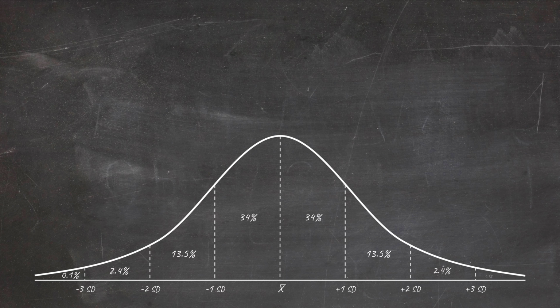Only 0.1% of observations are more than 3 standard deviations below the mean, but 34% of all observations will fall between the mean and 1 standard deviation below, and 34% more, 1 standard deviation above, which gives us our empirical rule: if you have a nice symmetric distribution that's bell-shaped like this, then 68% of observations fall within 1 standard deviation of the mean.